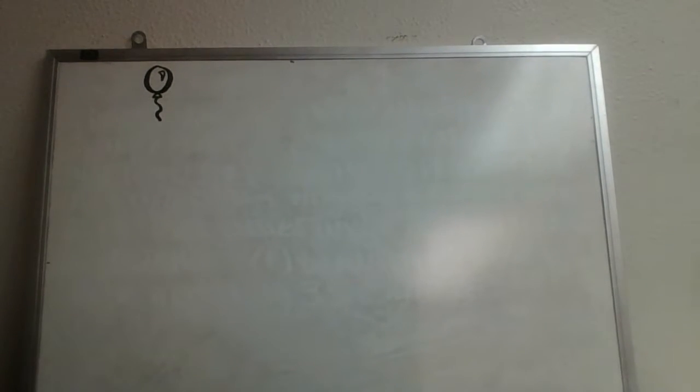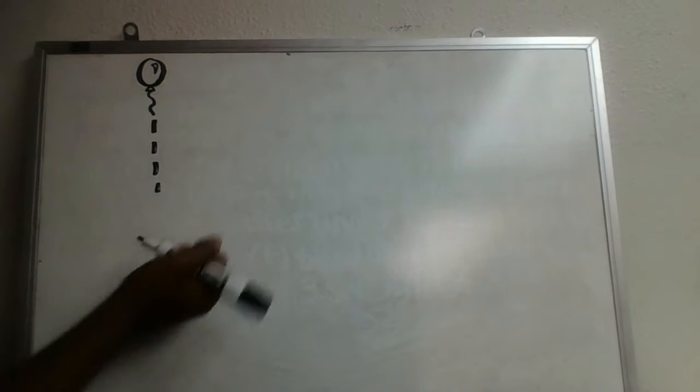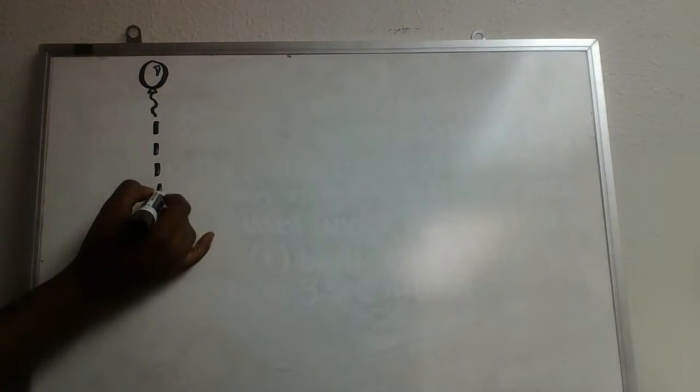So first we're going to want to draw a diagram for it. We're going to put the balloon up here, just to give a little detail. There's the balloon, and here is the bike.